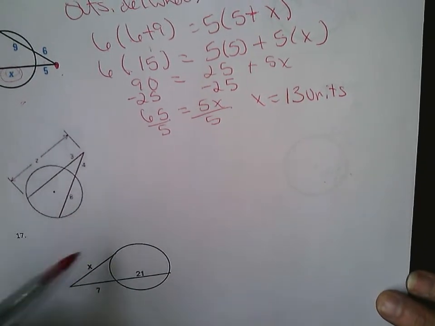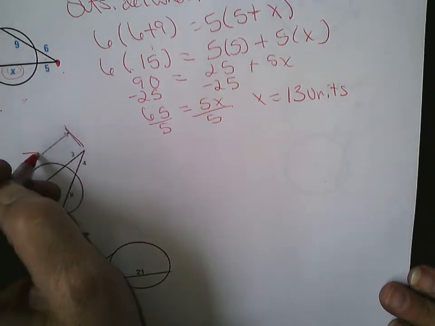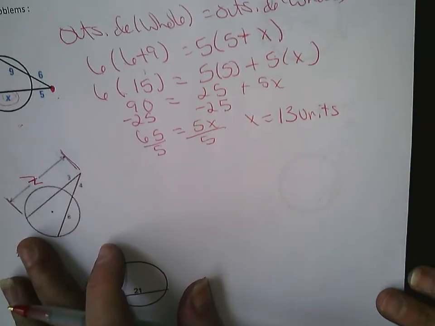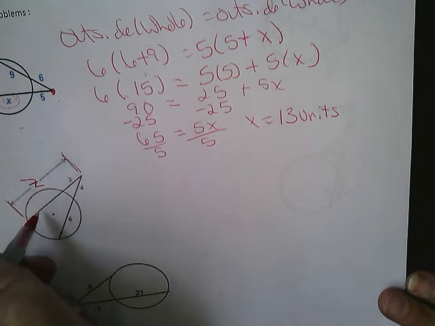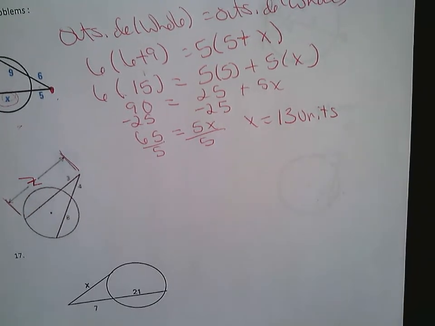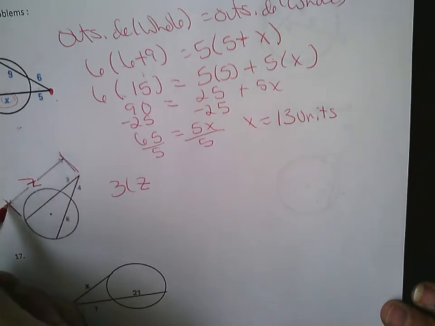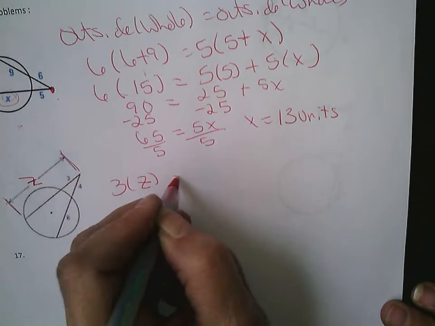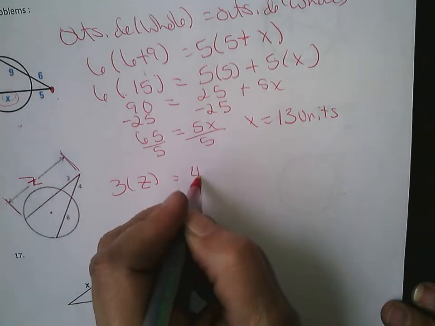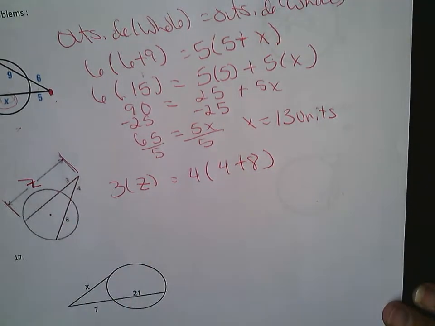So this is a different one that we're putting together. It asks us for the full length. This is a z that we're looking at in here. So we don't have to worry about what's on the inside here. We can say in here that 3 times the entire length, which is our z, is equal to 4 times 4 plus 8.